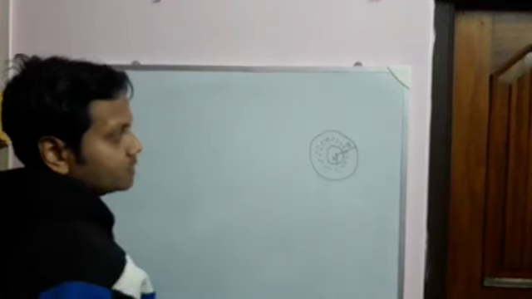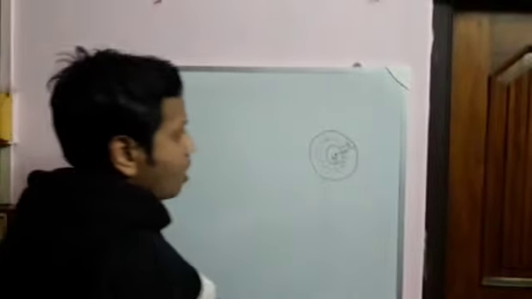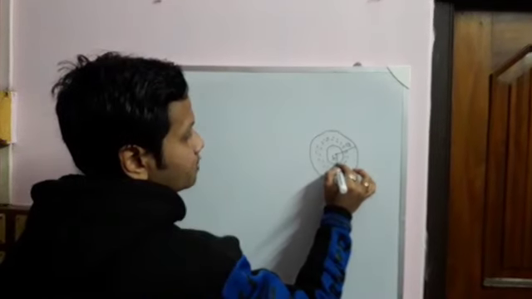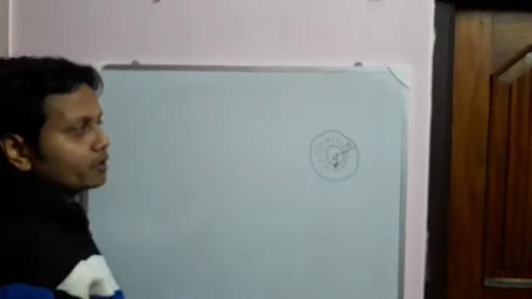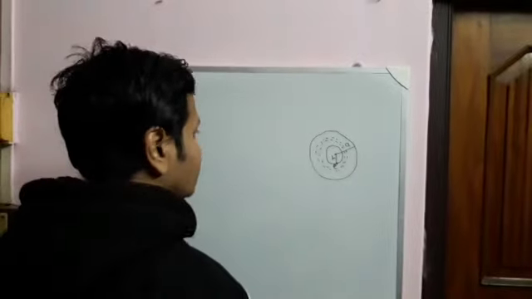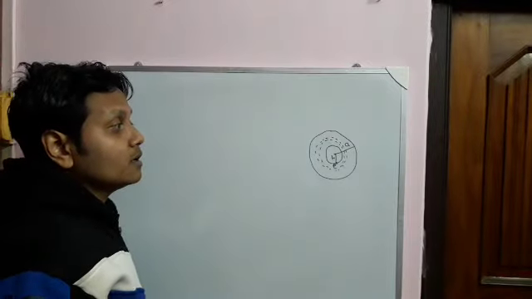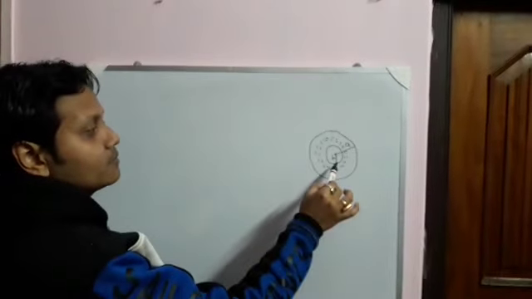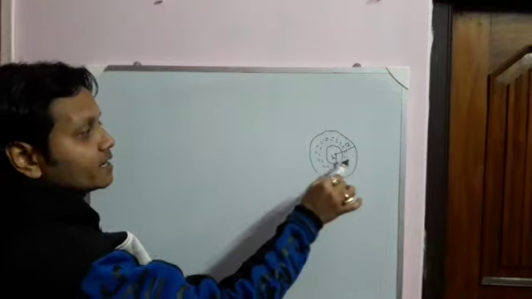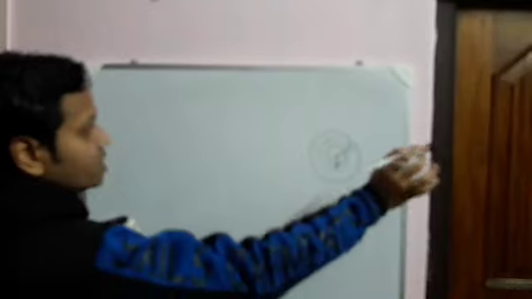Now suppose the point P is located inside the sphere of radius a, and also located at the surface of the inner sphere of radius r. That means point P lies at the surface of the inner sphere and inside the sphere of radius a. At first, let us check what will be the potential at P due to the inner sphere of radius r.